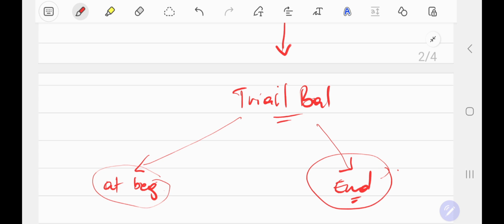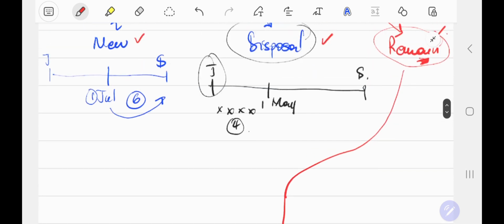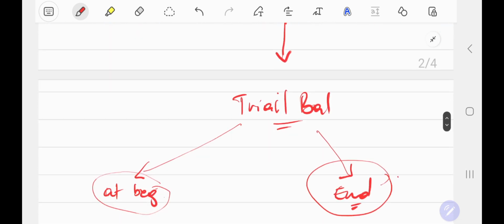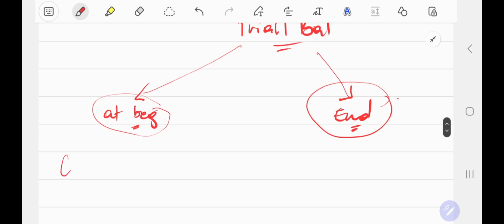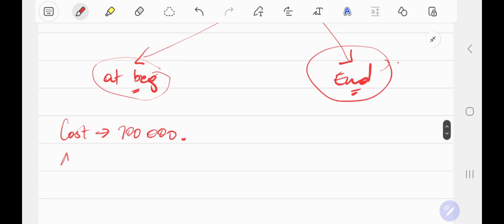Because this will guide you in terms of whether or not to subtract the amounts that come from additional information. I'm going to explain that just now. So if you are given the amounts at the beginning, let's say you are given the cost of an asset to be 700,000, and the accumulated depreciation to be, let's say, 250,000.